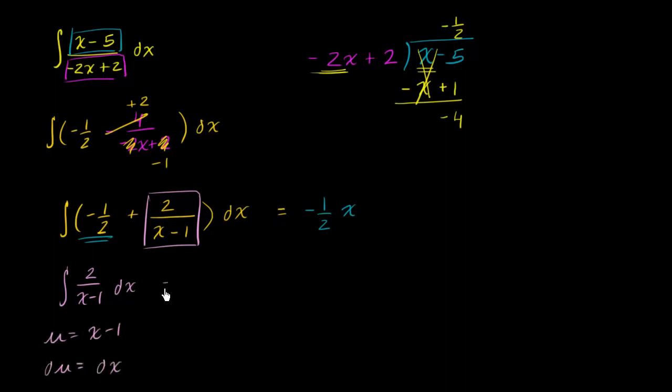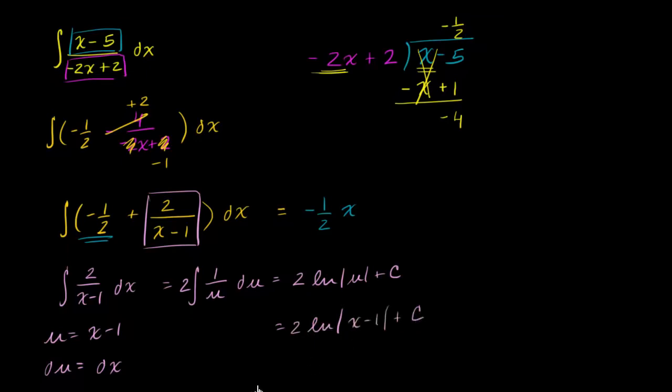And so we can rewrite this in terms of u as 2, taking the constant out, times the integral of 1 over u du, which we know is 2 times the natural log of the absolute value of u plus c. And in this case, u is x minus 1. So this is equal to 2 times the natural log of the absolute value of x minus 1 plus c. And that's what we're going to have right over here.